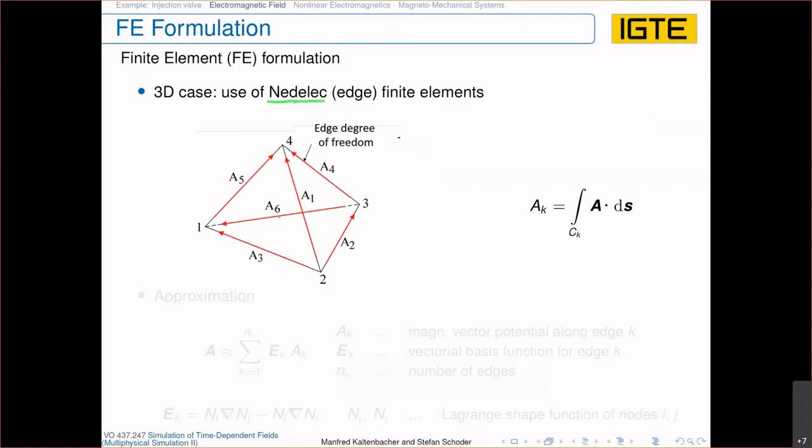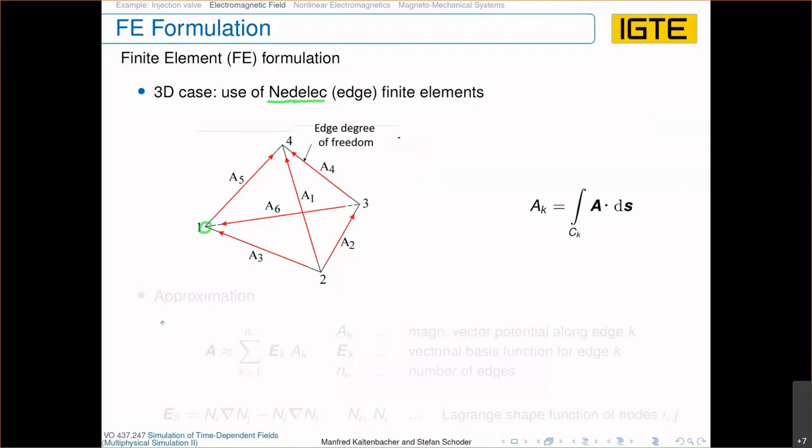You know standard finite elements where the unknowns are here at the nodes. But now the unknowns are along the edges, and the unknown vector potential is in the end a scalar unknown, because you project it in the direction of each of these edges, for example, of a tetrahedron, or if you have a hexahedron, or whatever element you use.